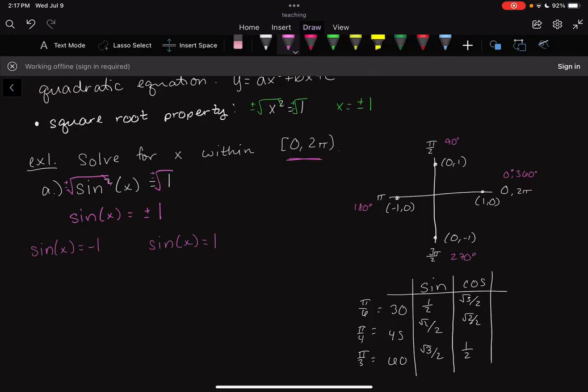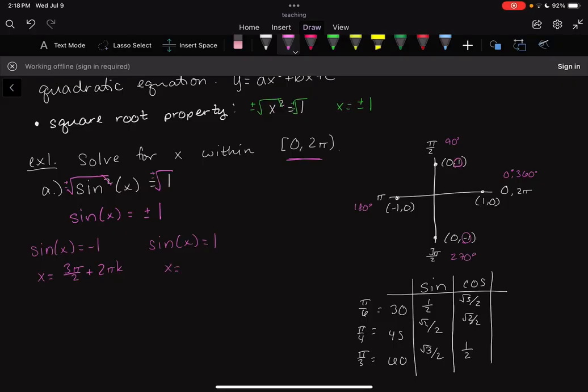If I solve the first one, now they just look like 4.2 problems. So sine x equals negative 1, that's going to happen down here at 270 degrees, or 3 pi over 2. So my answer here is 3 pi over 2. I like to always add in the plus 2 pi k and then just get rid of it at the end if I need to.